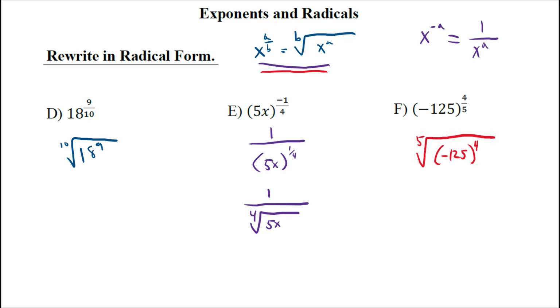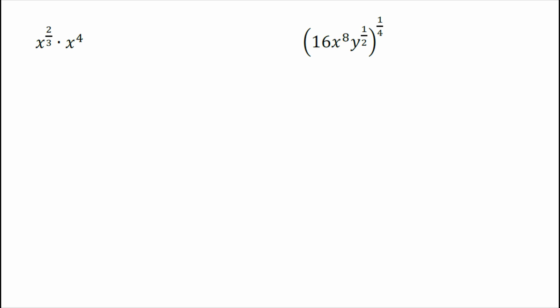Alright, so that's exponents and radicals. Now let's look at some actual problems to simplify a little bit further. Here we're going to multiply these, so we have to use our laws of exponents. We have x to the 2/3 times x to the 4th.